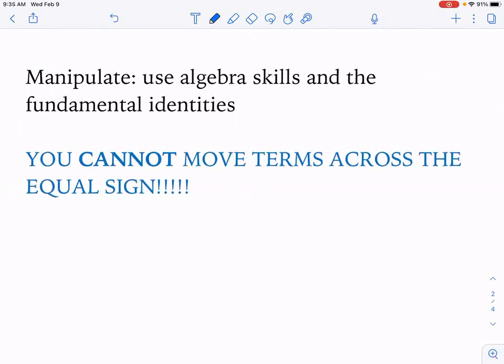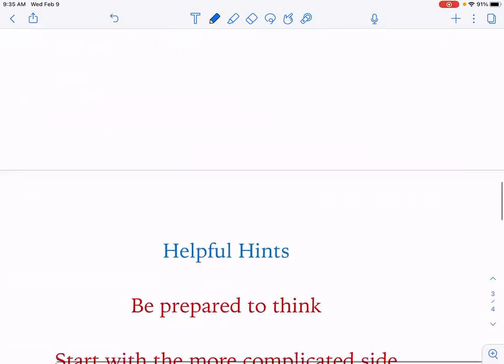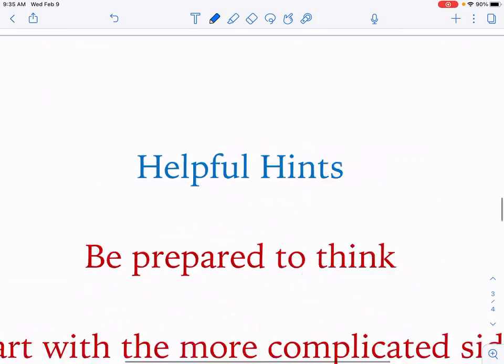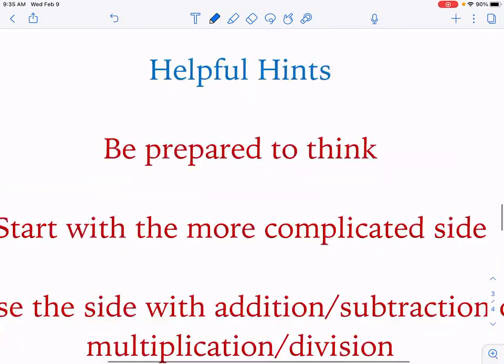So what are you gonna do when you see an identity? Well, be prepared to think like these aren't going to come easy. I think you already understand that. Okay. But giving up is not an option. Okay.